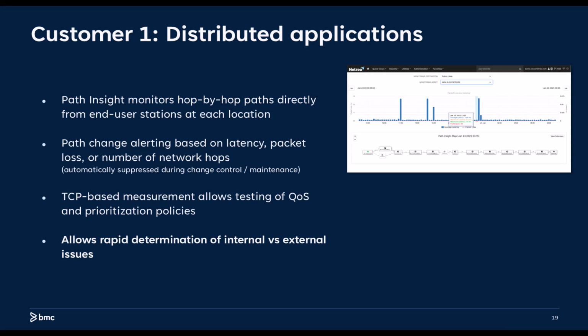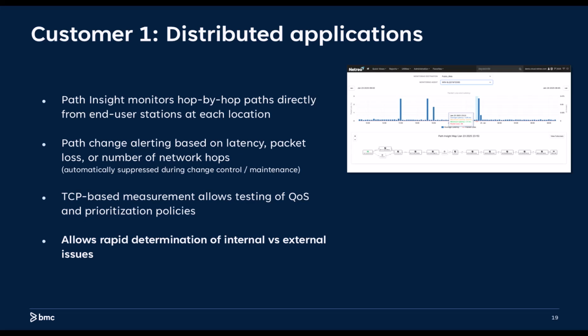So this particular customer got a path latency alert indicating that there was excessive delay on a path, and Helix Operations Manager raised that as an event. They were able to quickly determine that the problem was a failover within the ISP that serviced a large number of their locations.